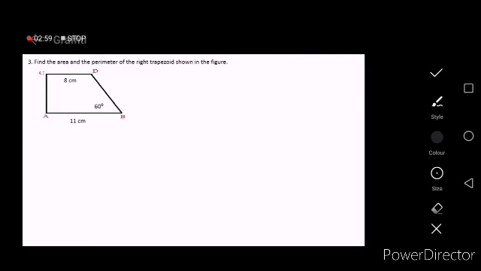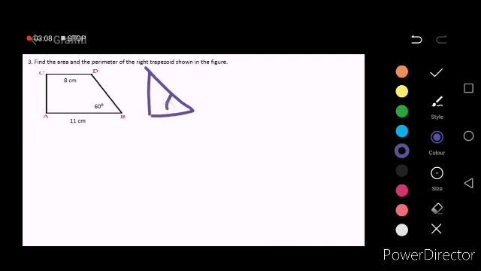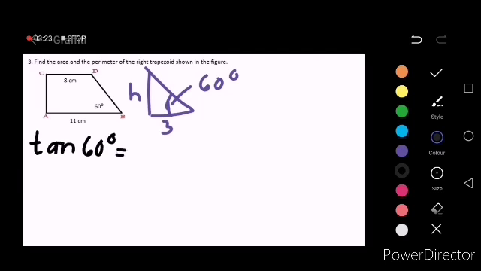Oops, nawala yung triangle. So, ibig sabihin, kailangan ko na namang gumawa ng bagong triangle. Okay? 60 degrees dito. Ito yung H, ito yung 3. So, ito 60 degrees yan. Okay, so, para ma-solve natin yung tinatawag na H, kailangan natin gamitin yung tangent. Kasi, given ang angle at nawawala ang opposite, which is H, at meron namang given na 3.